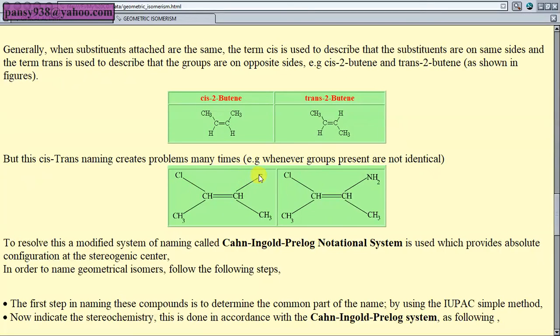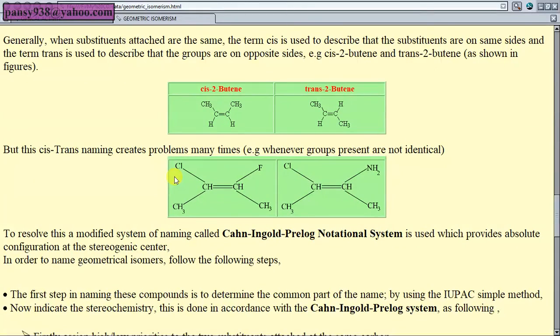So it's another isomer in which fluorine is at the downward position. In this case, both high priority groups are on the same side, so this is the Z isomer. If fluorine is present at the downward position and methyl at the upward position, then the isomer will be E type.